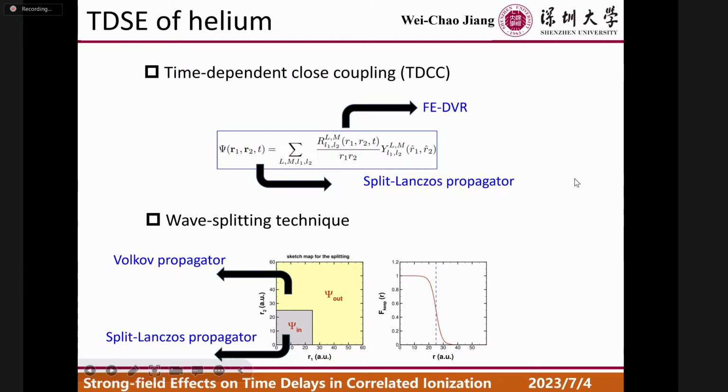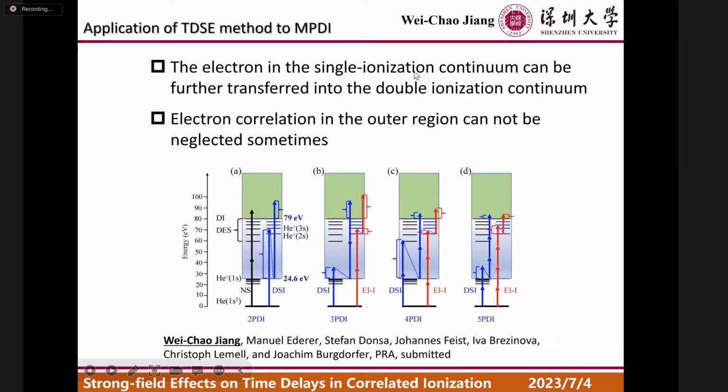But when we apply the wave splitting method to double ionization, we find there are still many challenges. One of the challenges is that in the outer region, we have the single ionization continuum and the double ionization continuum at the same time. The electron in the single ionization continuum can be further transformed to the double ionization continuum.